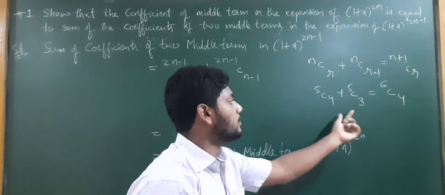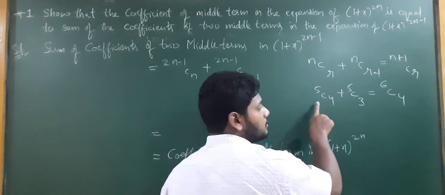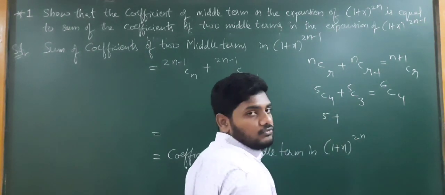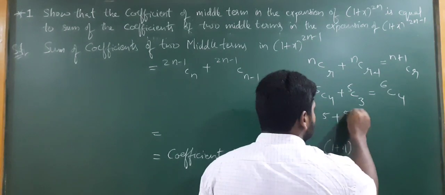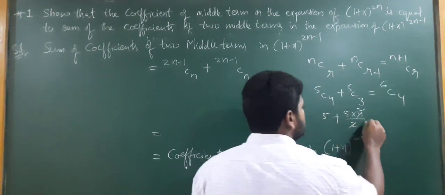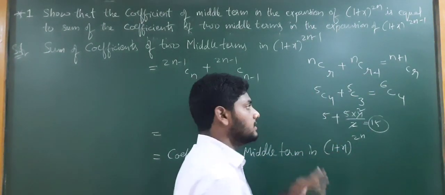If you observe, these two values will be equal to this one. You can calculate. 5C4 is equal to 5C1, value is 5, plus 5C3 is also equal to 5C2. How to find 5C2? 5 into 4 by 2, which is 5 twos are 10, 10 plus 5, which is equal to 15. The value of 5C4 plus 5C3 is equal to 15.